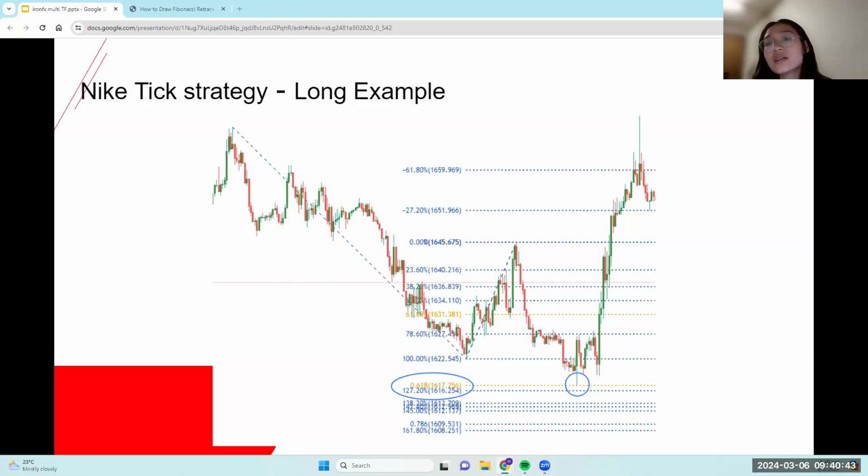Another thing to take note of is what we call our Fibonacci expansions. For Fibonacci expansions, we're looking at these two numbers, the minus 27.2 and the minus 61.8. You can use these levels as well to determine where we expect price to bounce off next.